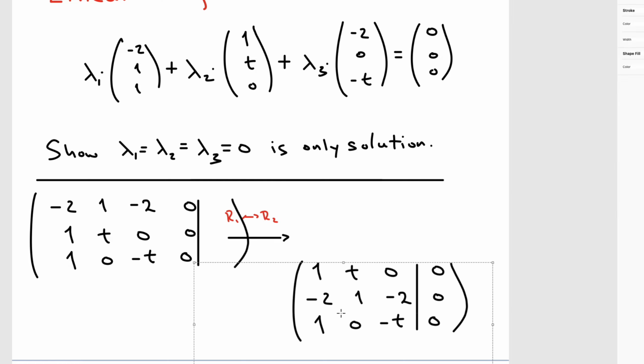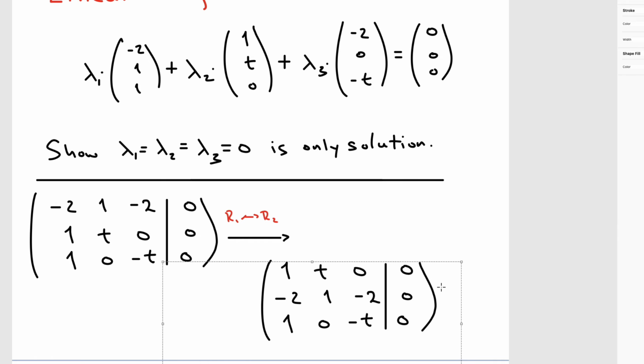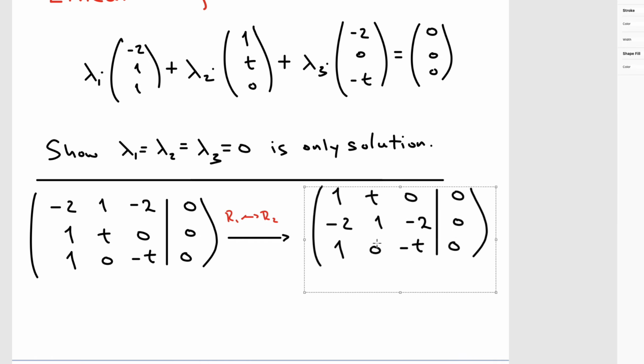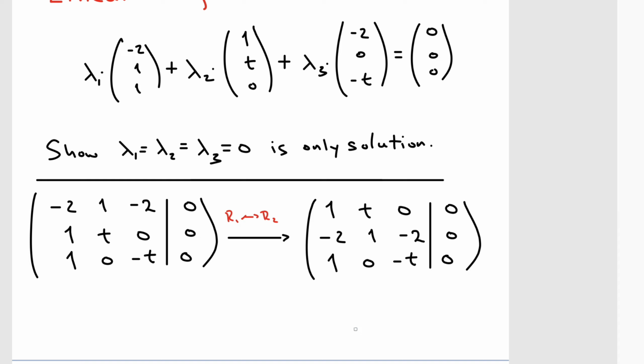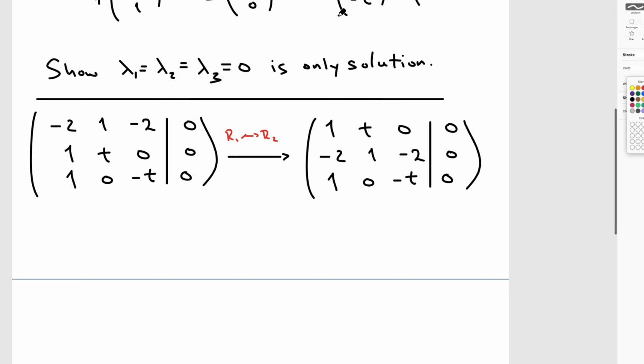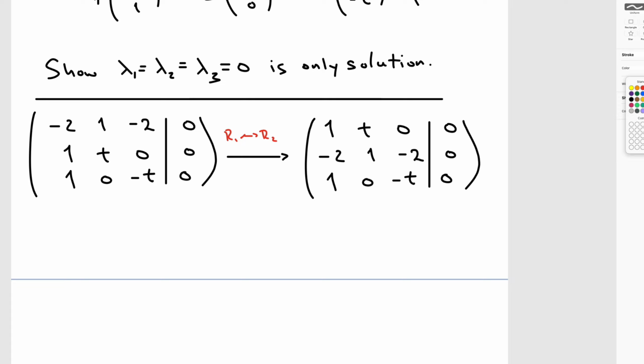So we have a 1 in the upper left-hand corner of the new matrix. And now our goal is to remove these two zeros. Okay? So how can we go about that? Well, we can copy this arrow, and then ask ourselves, how could we get rid of this -2?